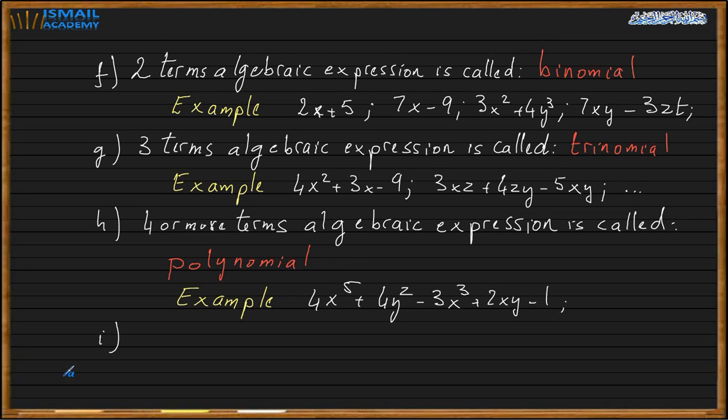So a polynomial with one variable, we call it just a polynomial. A polynomial with more than one variable we call a multivariable polynomial.